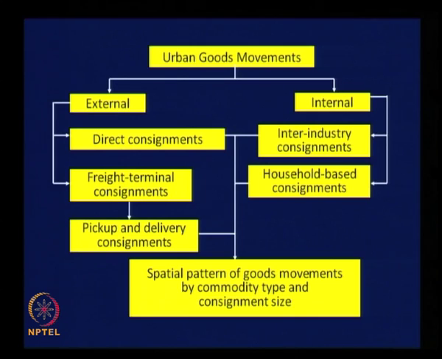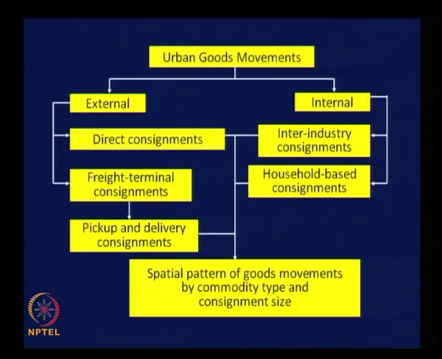And to summarize what we have seen in the previous class, we can refer to this flow chart about which you are familiar now. Goods movements can be categorized into external and internal type of movements. Again, we can categorize external type of movements into 2 types: direct consignments from external location to the industrial units, say manufacturing plants, or consignments received by the industrial units through freight terminals.